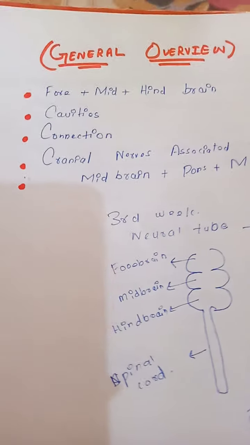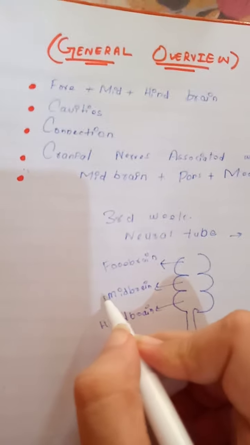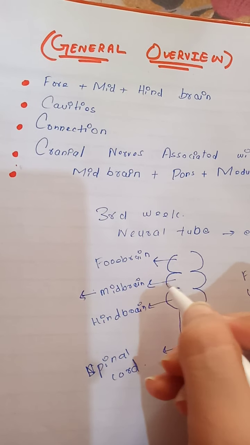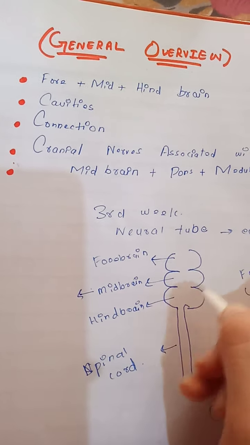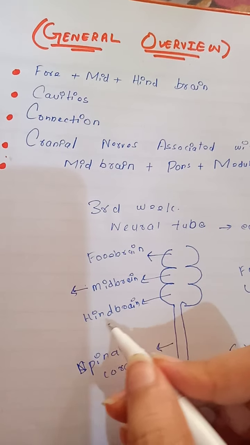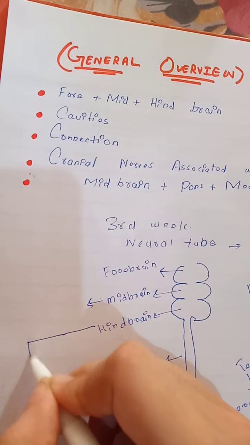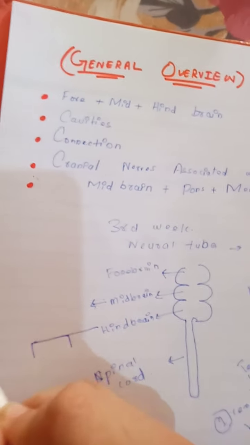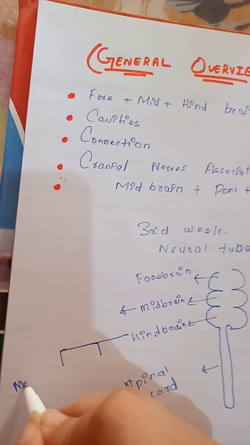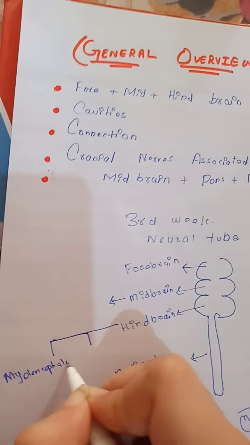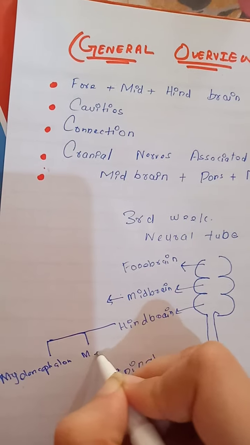And now the dilation for the midbrain will remain as it is, while the dilation for the hindbrain will give rise to two further dilations. One is the myelencephalon and the other one is the metencephalon.